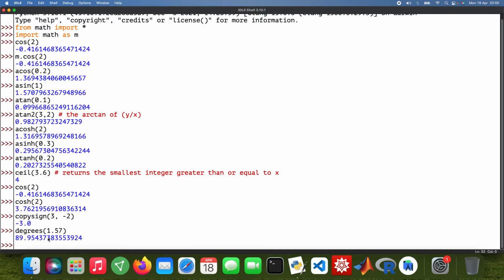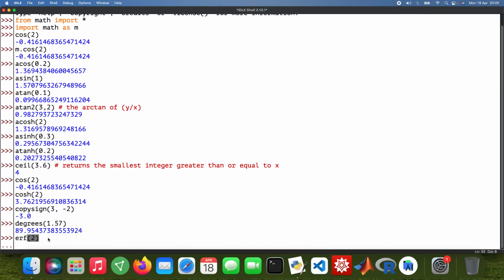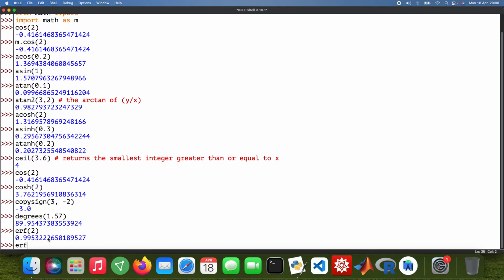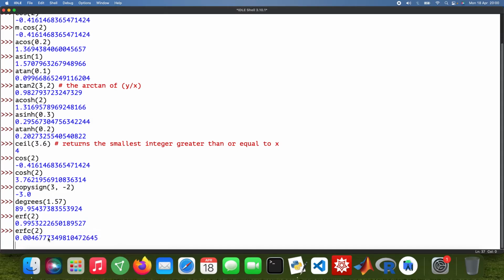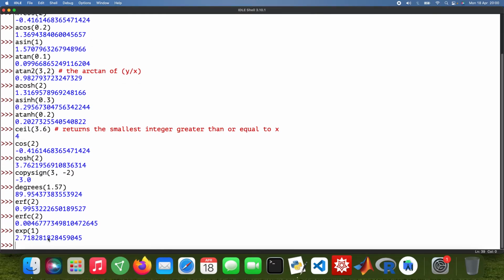And then the error function of a value. I'll put 2. Then the complementary error function of x. I'll put 2 again. Then exponential, I'll say 1.